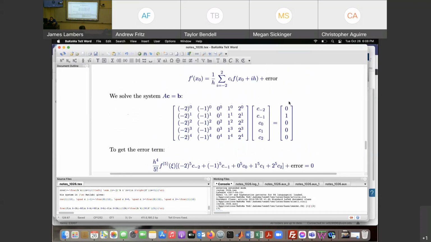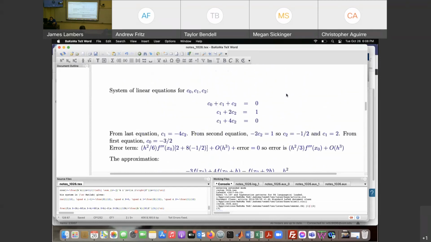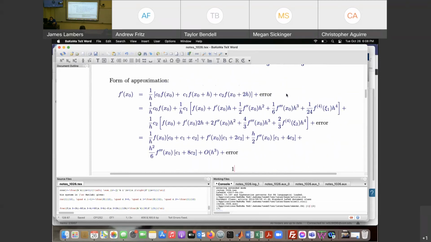Well, I think I can answer both questions at once because they actually come from the same thing. It might be easier to see from the first example I did involving Taylor expansion, because if you notice here, I had f of x naught plus h and then x naught plus 2h. So right here, h, 2h, h squared. You know what? I'm going to rewrite this so it's easier to see.